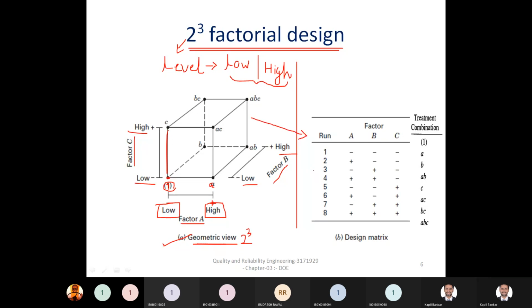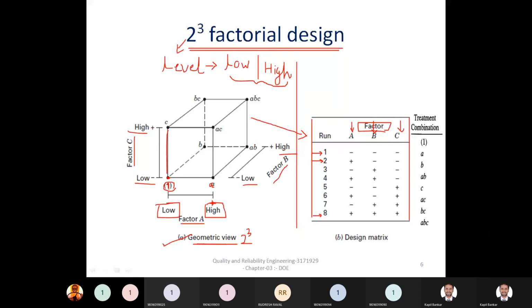Now convert this geometric view into a design matrix. Then you will get this matrix for the experiments, in which each row represents an experiment. Suppose rows 1, 2, 3 up to 8 means you have to run 8 experiments, and all these columns, suppose this is column A, column B, and column C, each column represents a factor.